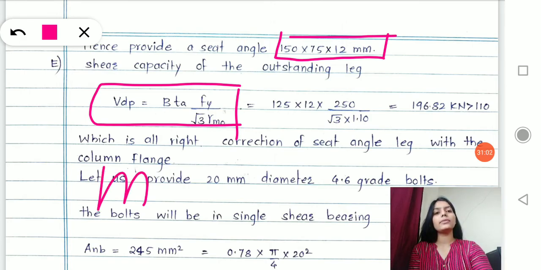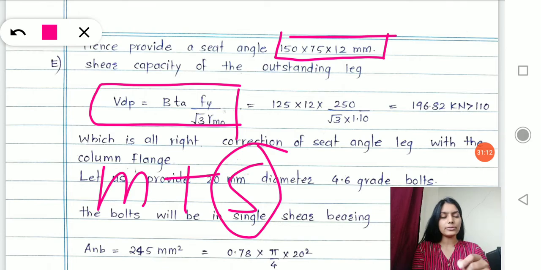I have designed it with the moment value, right? But what about shear? I have to also check the shear value. I am checking that first, and then we will move towards the bolt calculation.